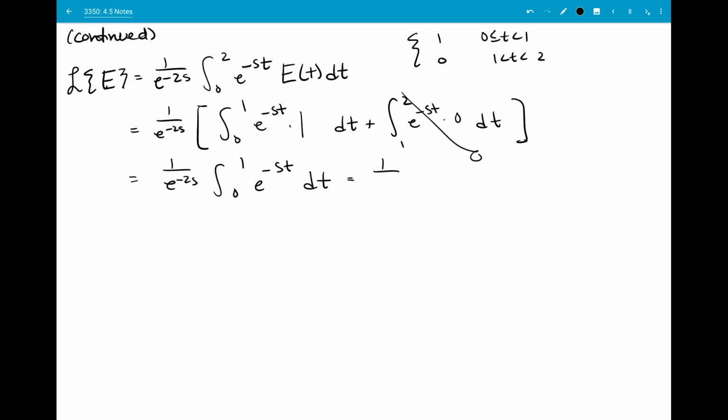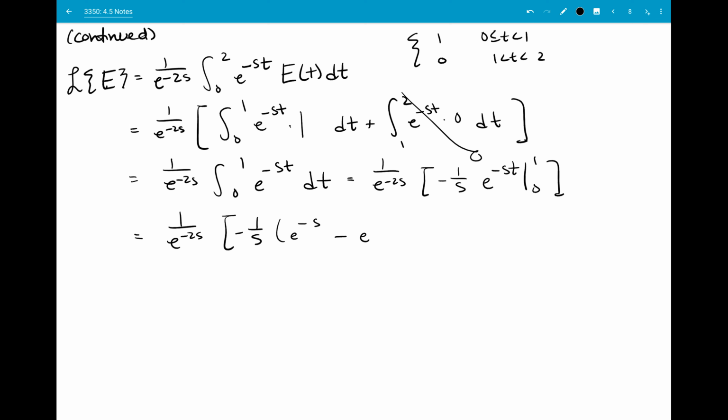So that's going to give me 1 over e to the minus 2s times minus 1 over s. There's a negative s times my e to the minus st, and I'm integrating with respect to t. E to the minus st going from t equals 0 to t equals 1. 1 over e to the minus 2s, minus 1 over s times e to the minus s minus e to the minus s times 0.